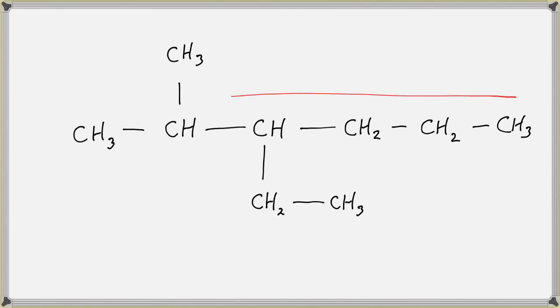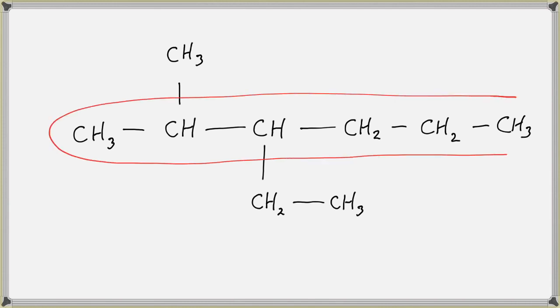First thing I would do is mark in my notes, circle this, that is my parent. Since it is a 6-carbon molecule, the prefix that tells me that it's 6 carbons is hex. So this is a hex. It's an alkane, which I'll teach you what that means here in a second, but it's a hexane parent.